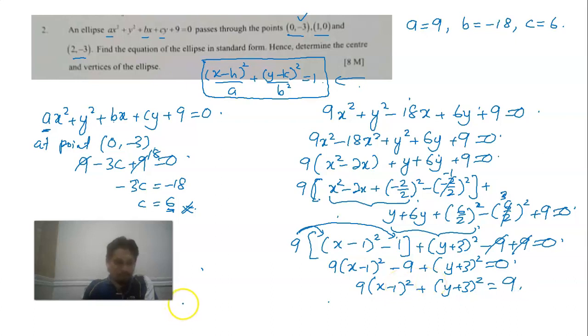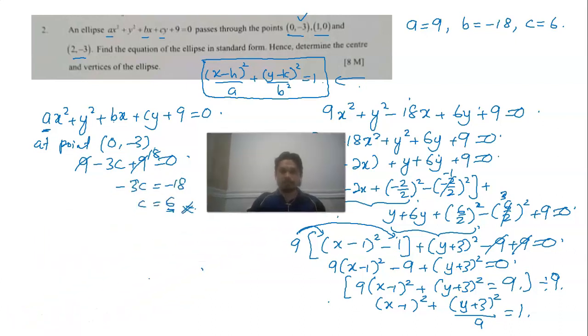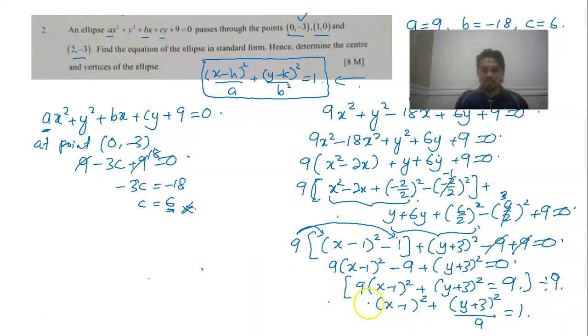Okay, so divide everything by 9. So 9 divided by 9 equal to 1. So they come up with (x minus 1) squared plus (y plus 3) squared divided by 9 equal to 1. So this is the equation of an ellipse that we're looking for.